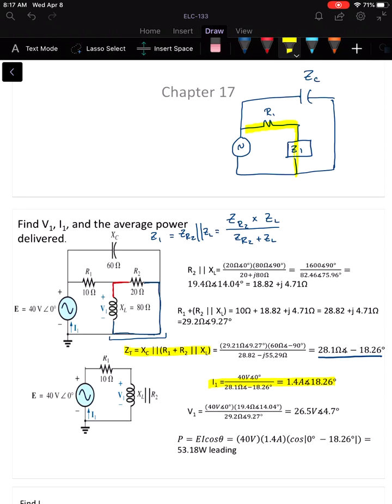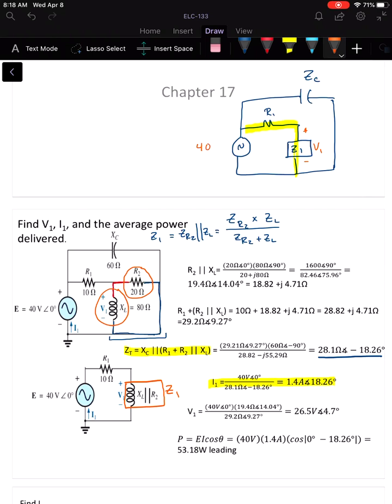Now we need V1. Notice that V1 is not only the voltage drop across my inductor right here, but since that's in parallel with R2, it's the voltage drop across R2 as well. So when I combined the two and made that Z1, that's what I'm looking for: the voltage drop across Z1, which up here in my quick drawing is right here.